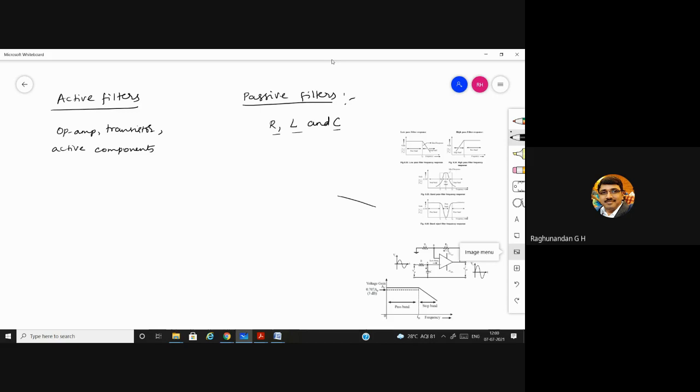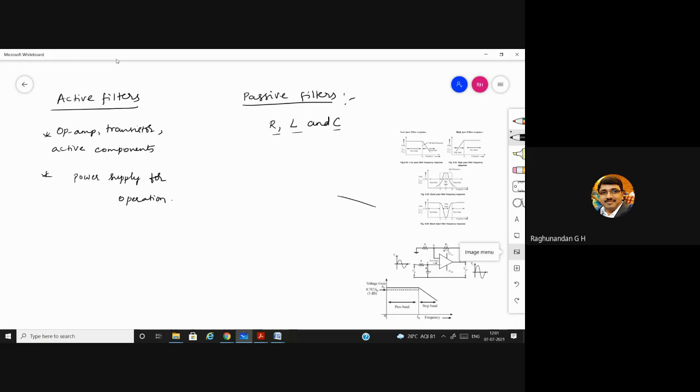And active filters, since these active filters are adding some gain to the given input signal, obviously they need a power supply for their operation. So first, for op amp, you need plus VCC and minus VEE.